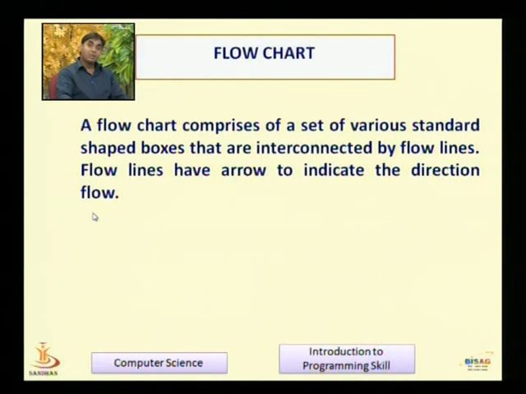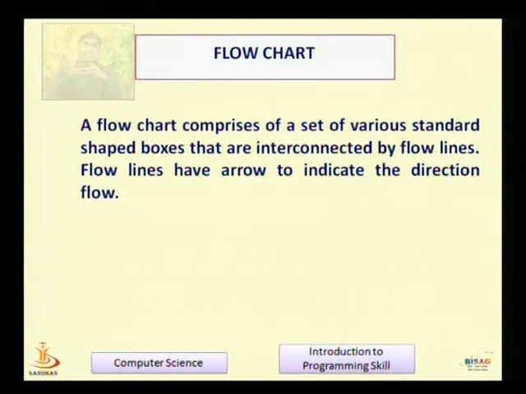Here a problem can be described in a graphical manner using predefined symbols, so we can solve our problem in a very easy way.